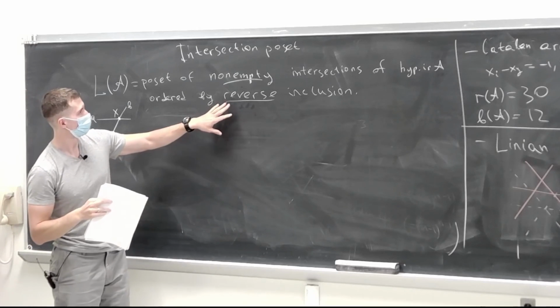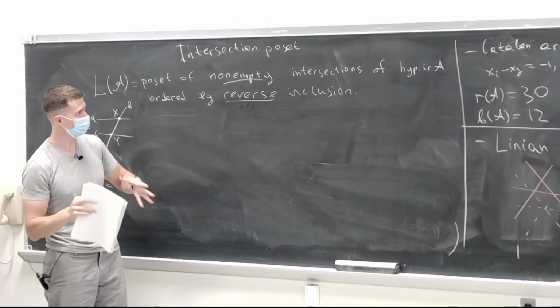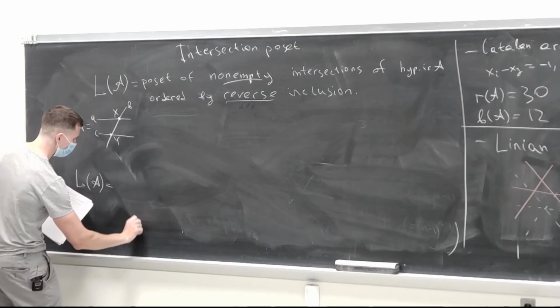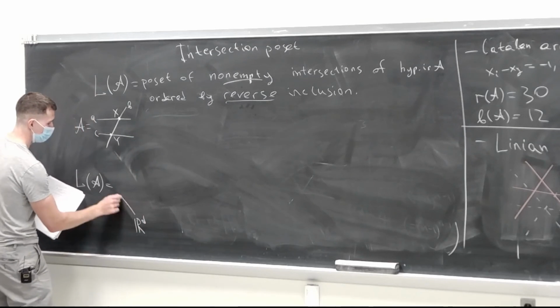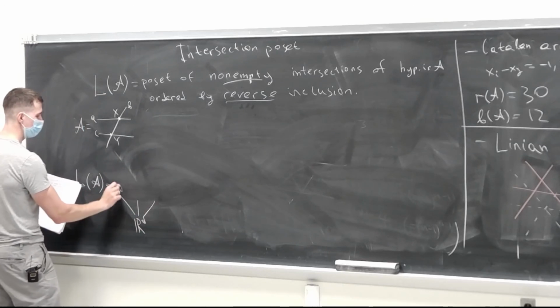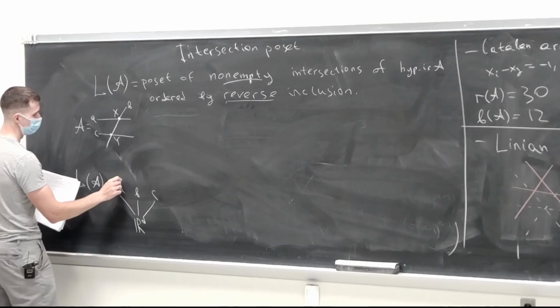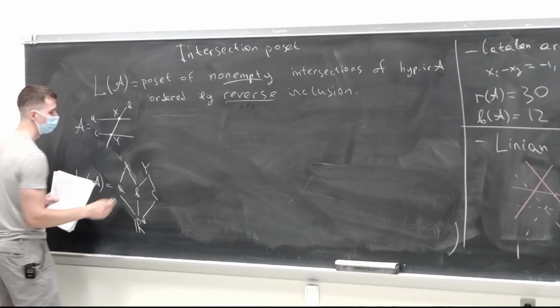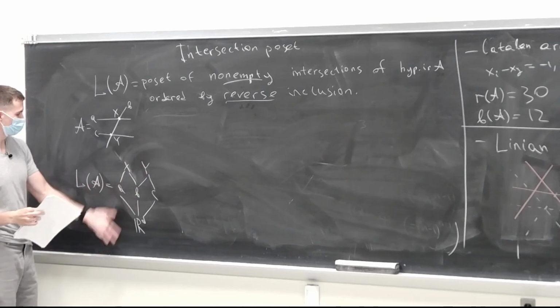If you take 0 hyperplanes, intersect them, you get the whole space. The whole space is always at the bottom. Then there are 3 hyperplanes, A, B, and C. And then there is A and B intersect X, B and C intersect Y. So that's my intersection poset.